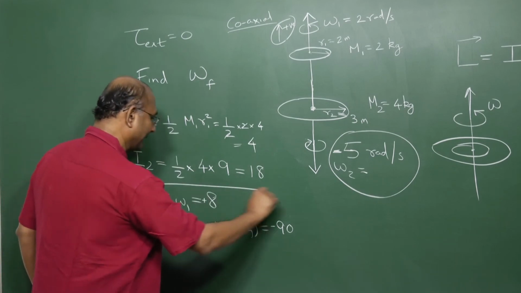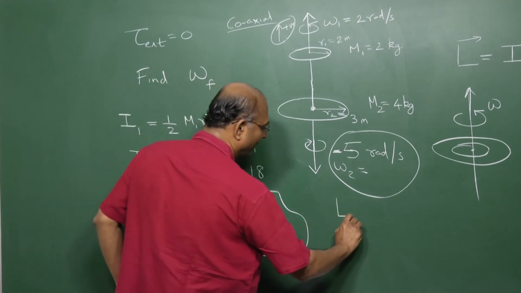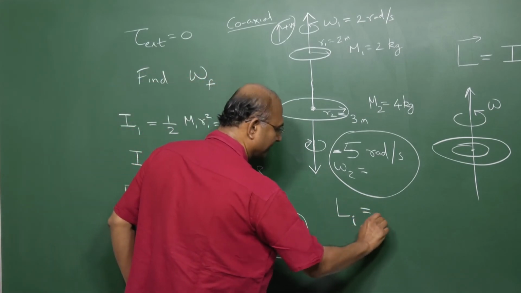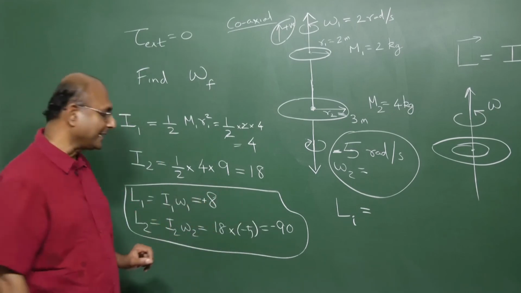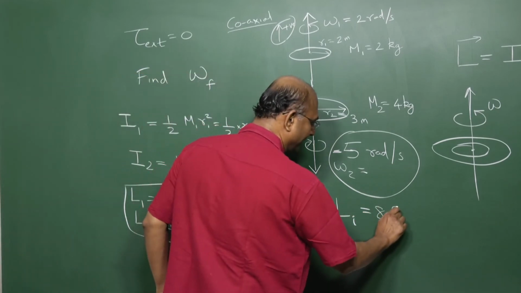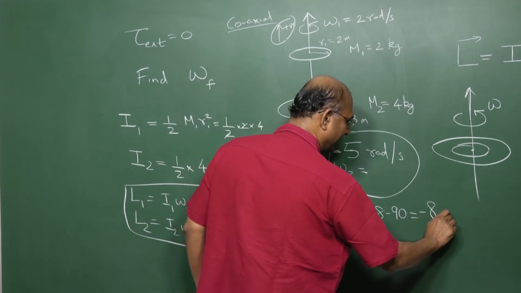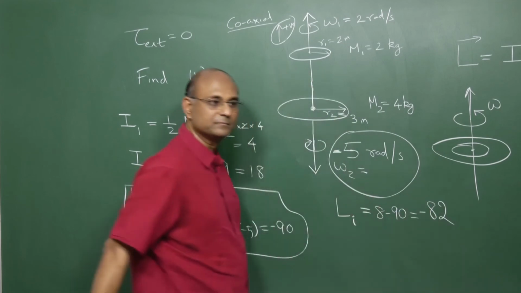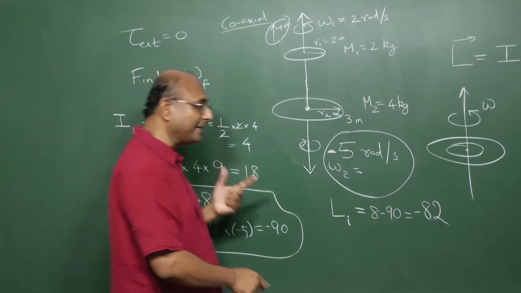So if I find the total angular momentum, the initial total angular momentum is 8 minus 90. How much is 8 minus 90? That is going to give me minus 82. This must be equal to the total angular momentum final.